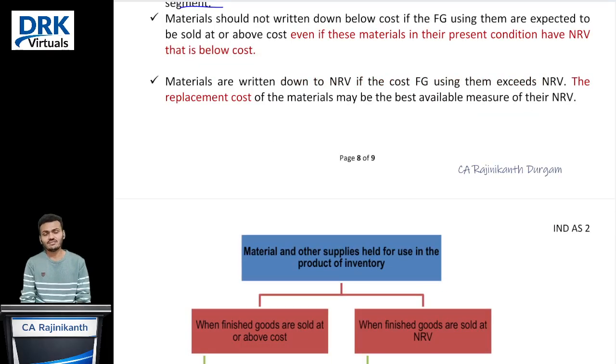If we use our raw material to manufacture finished goods, and that finished goods is sold at or above cost, in that case raw material can be measured at cost only, even though the raw material NRV is lower than cost. If the finished goods in which our raw material is incorporated is not selling at or above cost, in that case raw material should be measured at replacement cost. That is the best NRV.